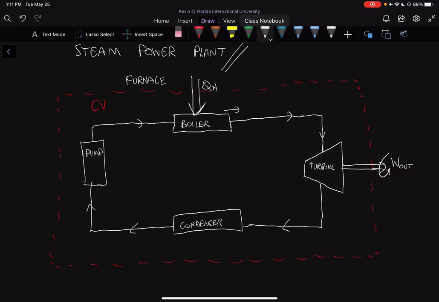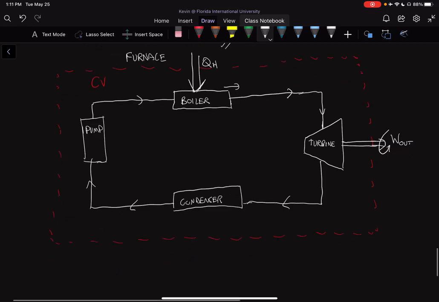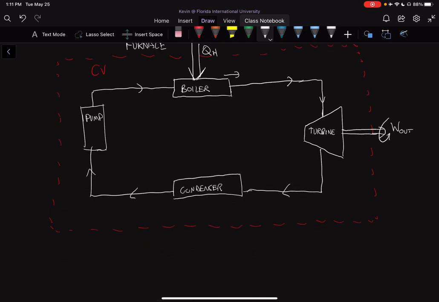And moving on, we then go from the turbine, we now have some high temperature gases, and now we're going to make it go through a condenser where we're going to cool down the gases and bring them back to a liquid system. And here, a condenser is essentially a heat exchanger.